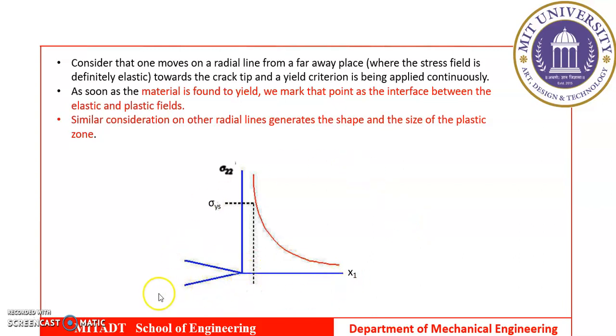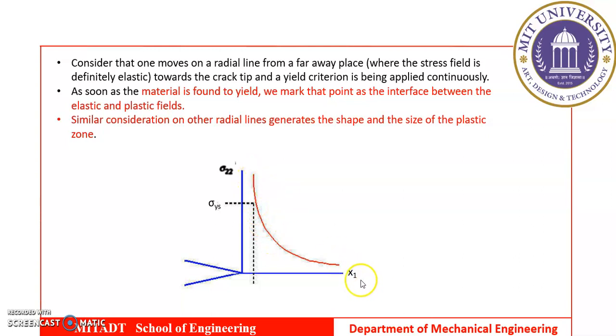Now this is the crack tip, this is direction 1. So in this direction x1 we will calculate the stresses. For example, we calculate the principal stress in direction 2, that is sigma 2 2. Now away from the crack tip, this principal stress is low, and whenever we are going near the crack tip, it increases like this.